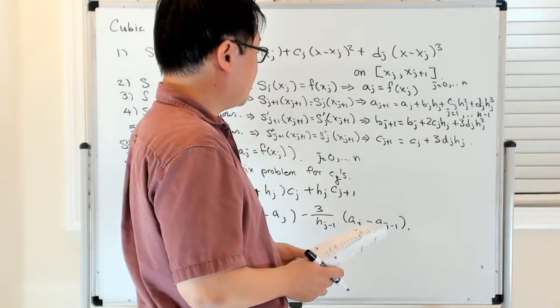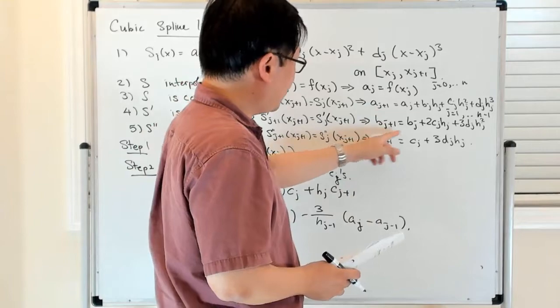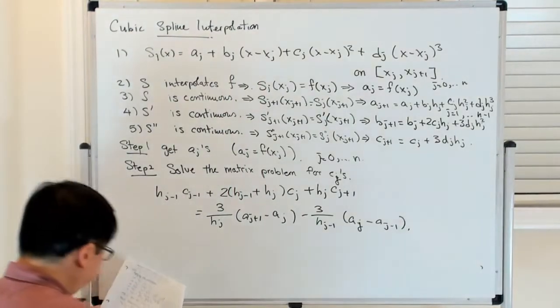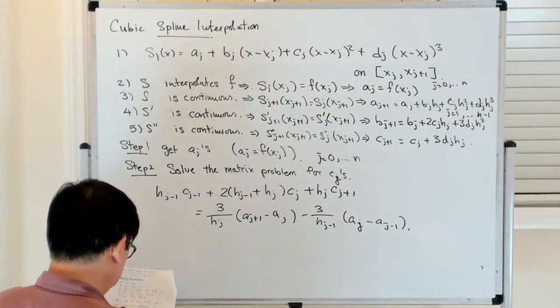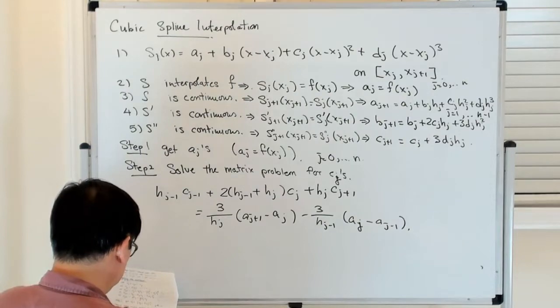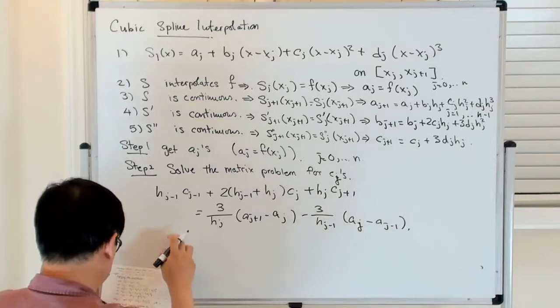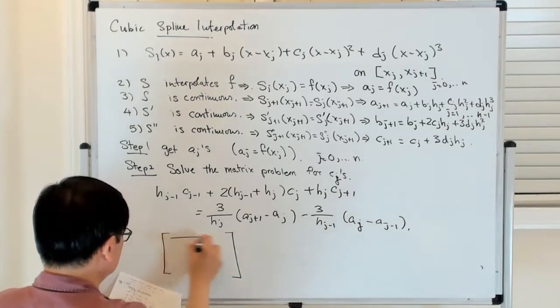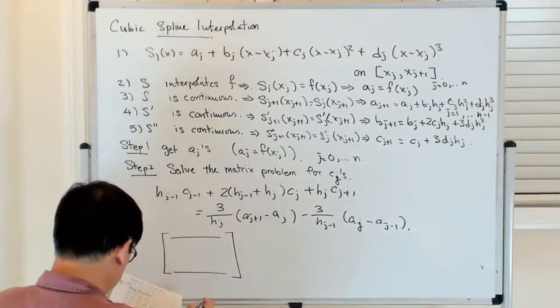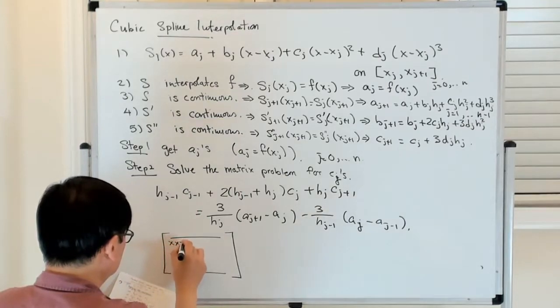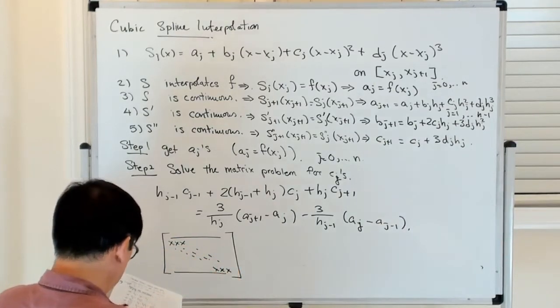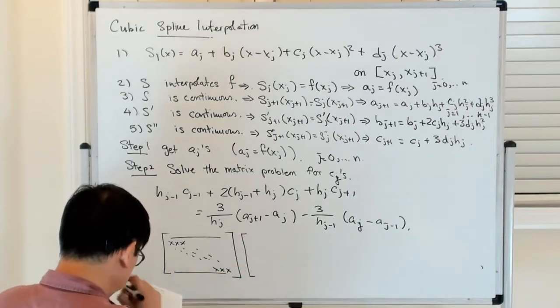And then you can substitute everything back into one of the other equations to give you this expression here. So what you do then is assemble this into a matrix-vector equation, and you can see that you get a tridiagonal system.